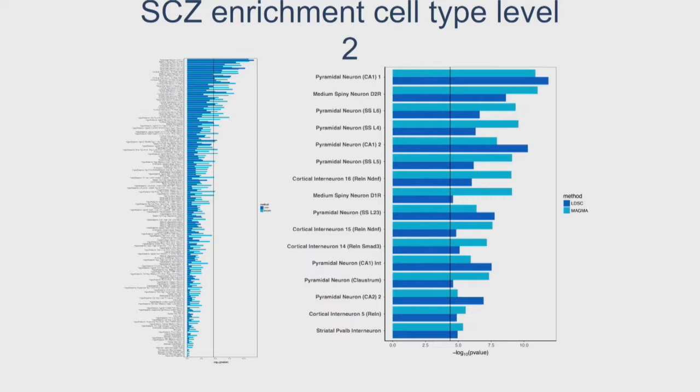And in our data, the cortical PV neurons do not really make the list. The striatal ones do, but they're very different. Instead, the cortical interneuron that is the most enriched is these reelin NDNF cells. They're called neurogliaform cells, and they're a really interesting cell type, mainly because it's the one during development that integrates information about the surrounding brain areas.